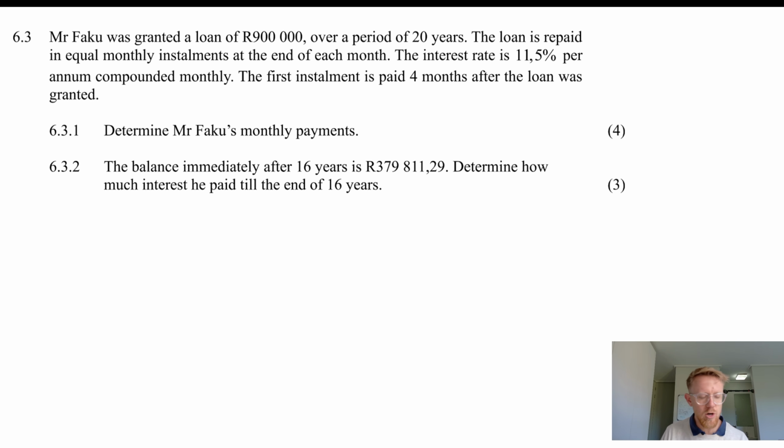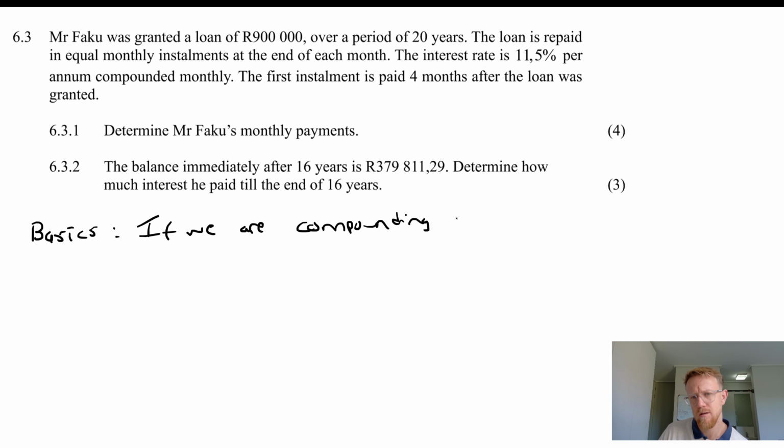Right, guys, so let's quickly go over the basics of the future value and the present value. The basics are the following. Okay, so if we are compounding monthly, then these are the following rules.